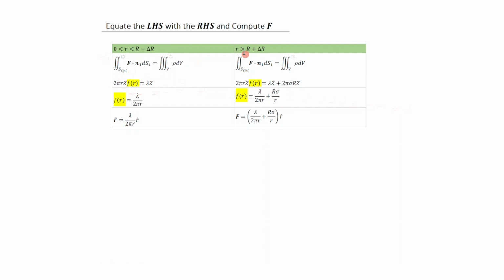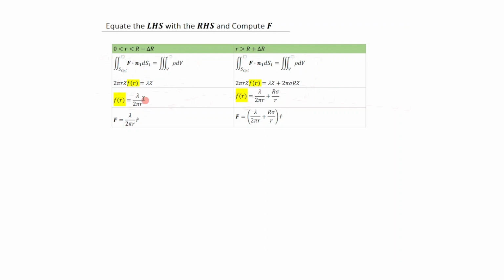For the region r greater than R plus delta R, we had this result, the left-hand side doesn't change, equals lambda Z plus 2 pi sigma R Z. And so here we can solve for F of r, dividing through by 2 pi r capital Z on this side, and 2 pi r Z also on this side.